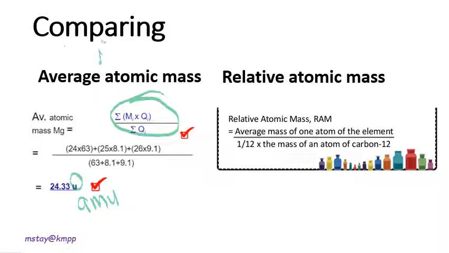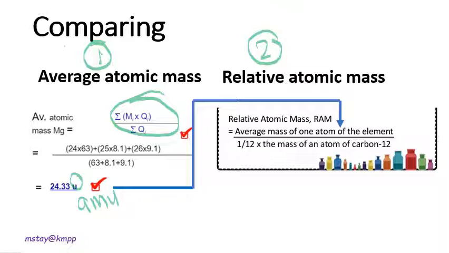Basically, we have to determine the average atomic mass, then only can we determine the relative atomic mass. The answer that you obtain from the average atomic mass will be substituted into the formula of relative atomic mass. Basically, the formula for the relative atomic mass cancels out the unit. So we end up with relative atomic mass without unit, while average atomic mass is with the unit U or AMU.